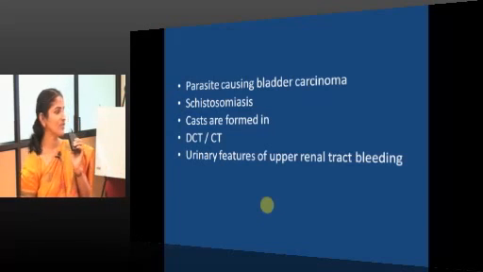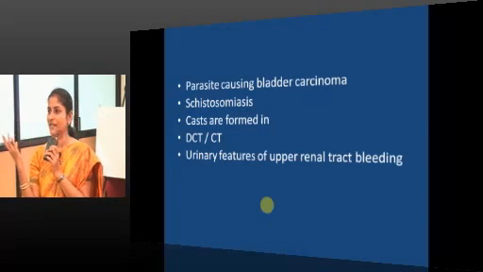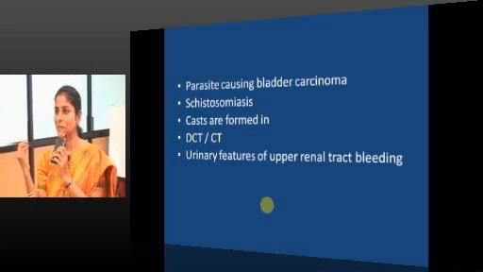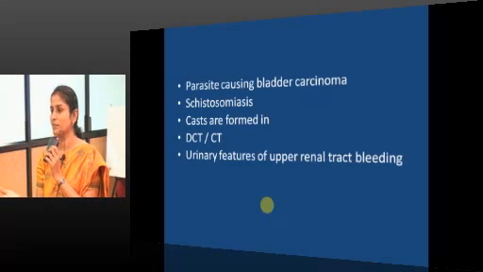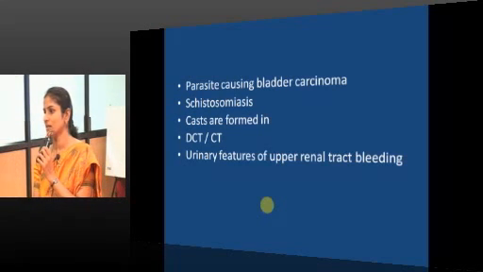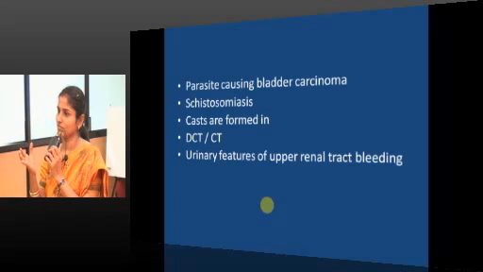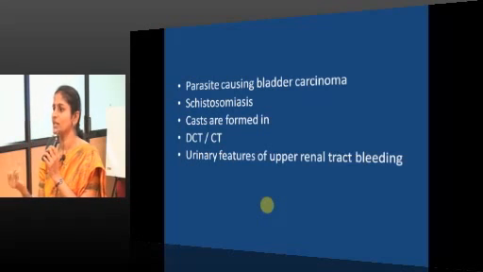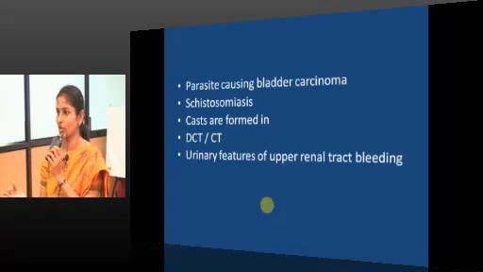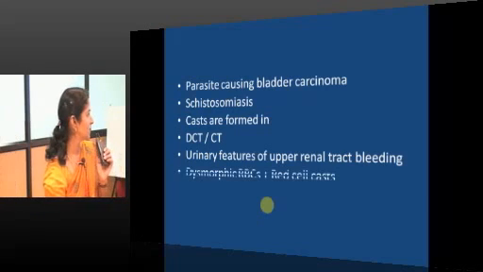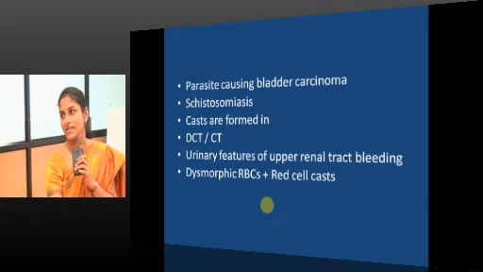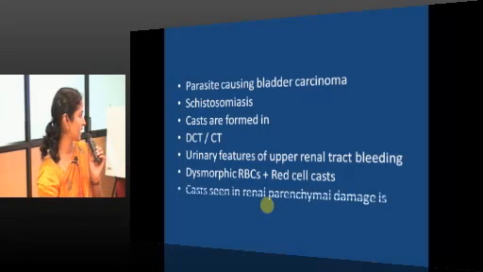Urinary features of upper urinary tract bleeding. Which features of urine deposit will prove that the bleeding is actually from the upper renal tract? Cast, good. Dysmorphic RBCs, proteinuria. Even cola colored urine will say that the bleeding is from the upper urinary tract.